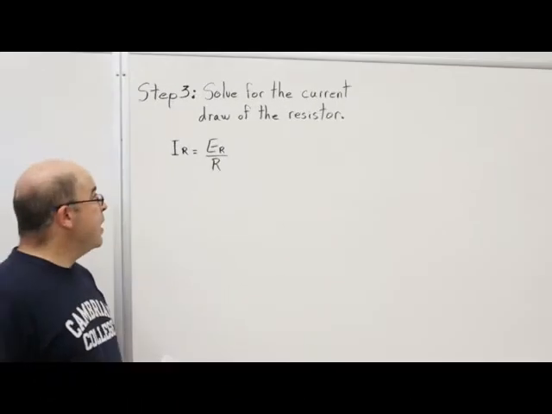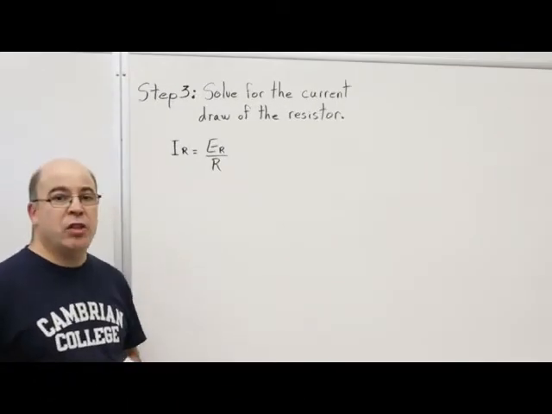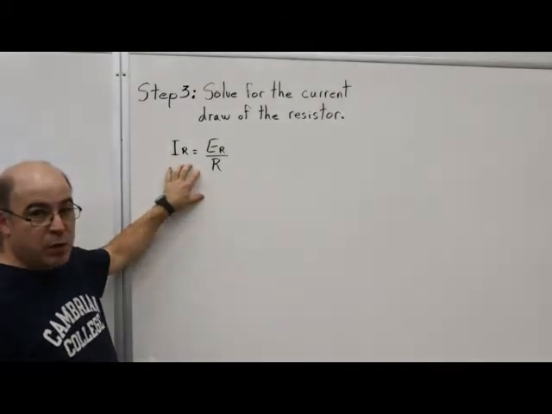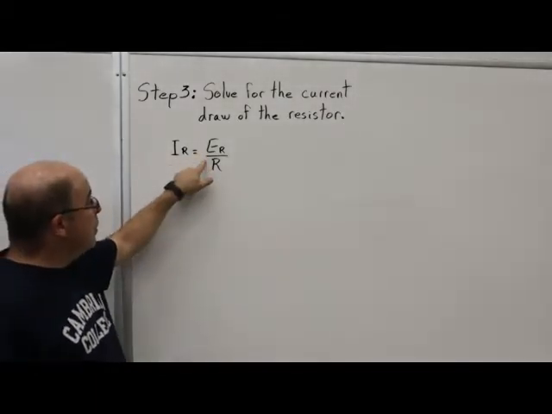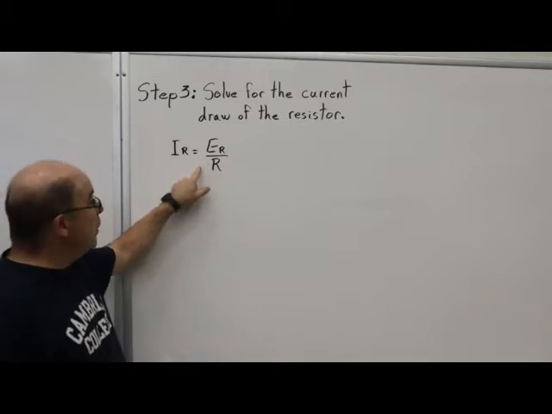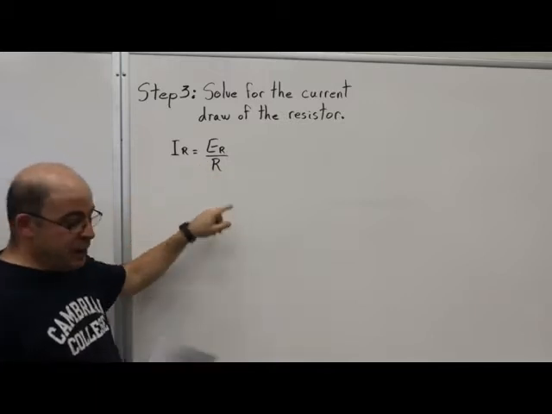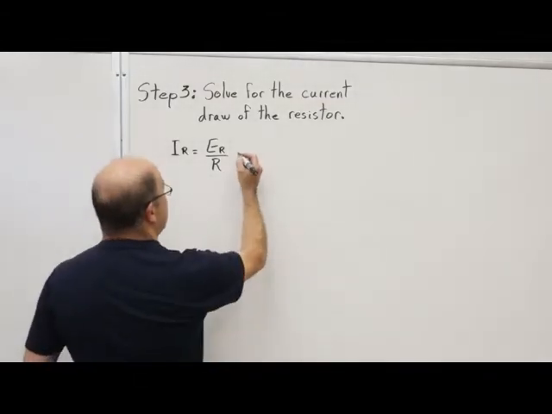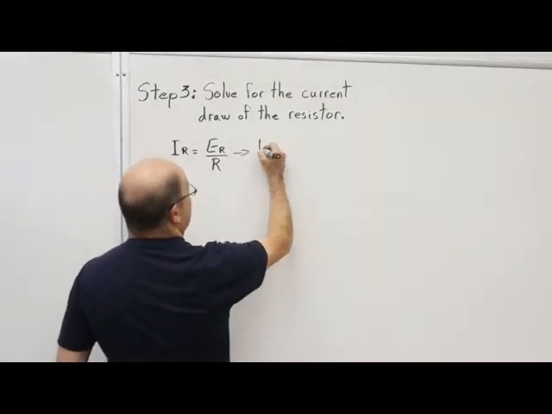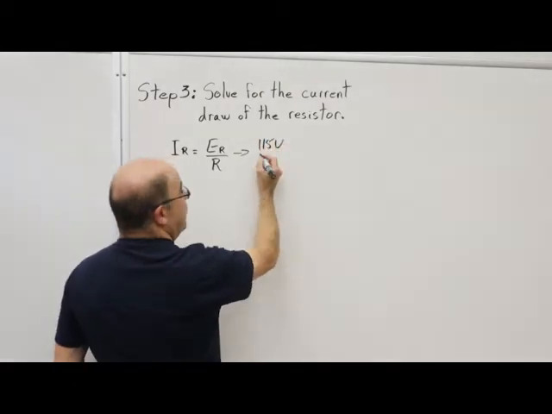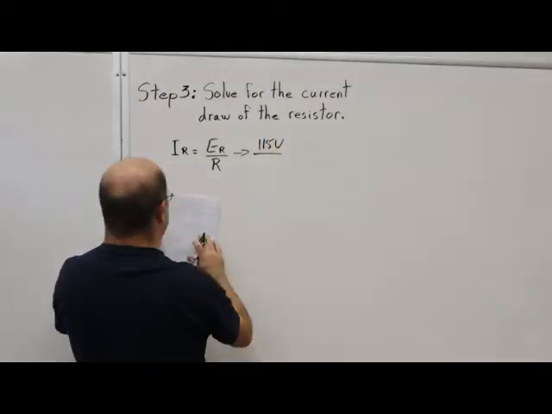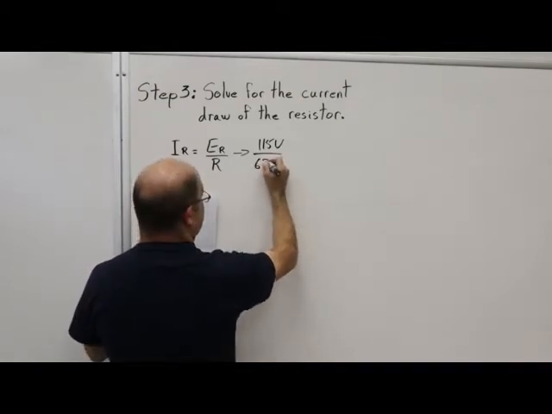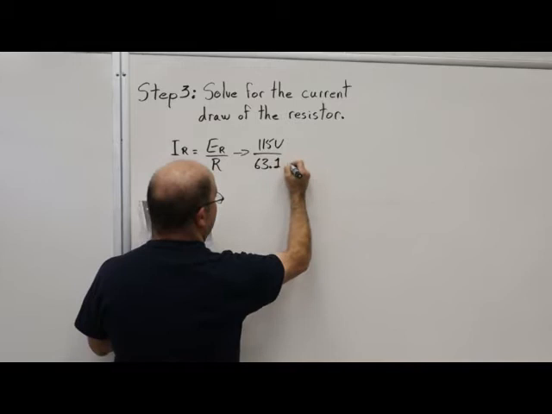Here in our third step, solving for the current draw of the resistor, as I said previously, we're going to use Ohm's law. We're going to take the voltage down that branch and divide it by the value of resistance. Let's take the values that we have, which is 115 volts divided by 63.1 ohms.